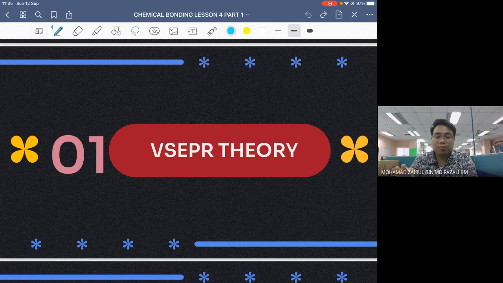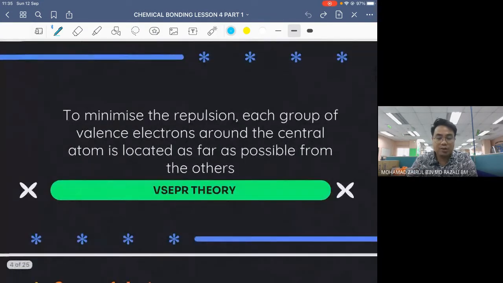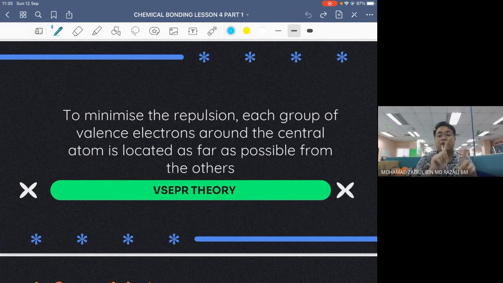VSEPR theory states that in order to minimize the repulsion between the bonding pair and also the non-bonding pair, each group of the valence electron around the central atom will locate as far as possible from the others. Why? Because bonding pairs and non-bonding pairs are made up of electrons.